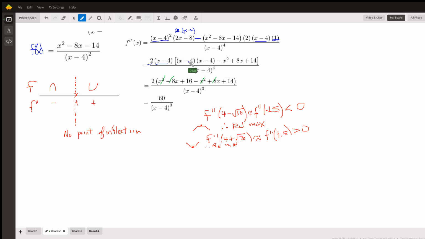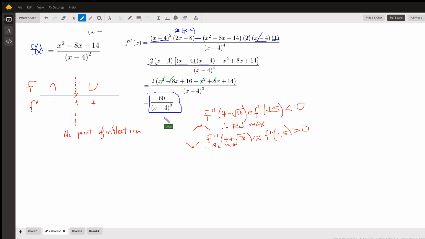From this first term, there'll be x minus 4 times x minus 4 left over. And I factored out these two factors. So I'll be taking the opposite of x squared and get a minus x squared plus 8x plus 14. Combining similar terms after multiplying these two together gives us this.